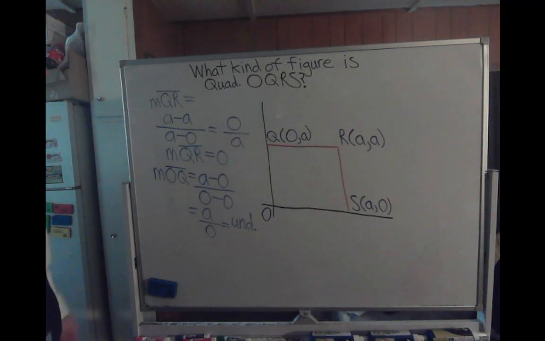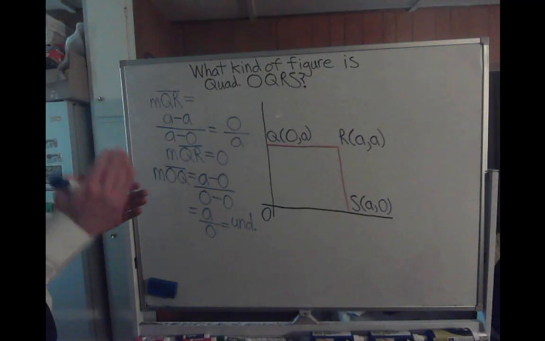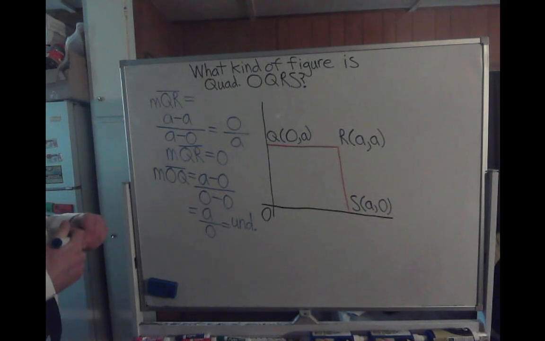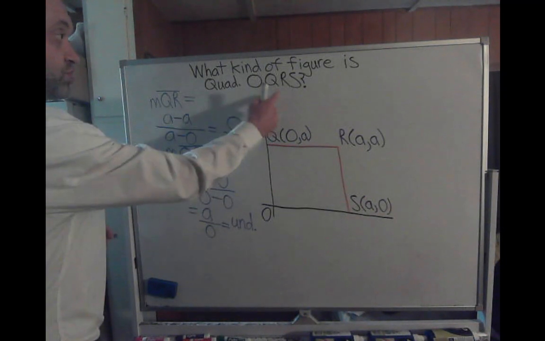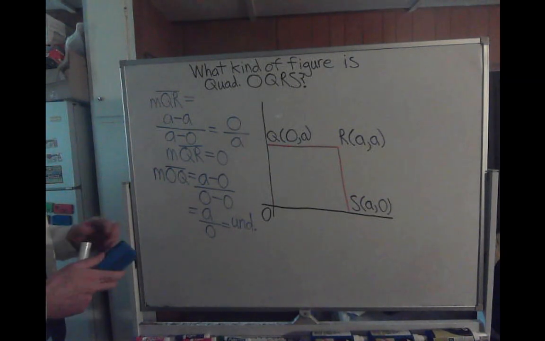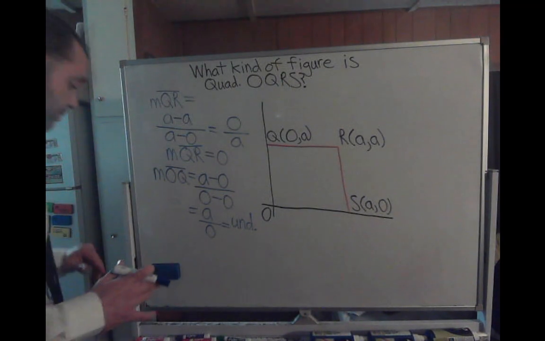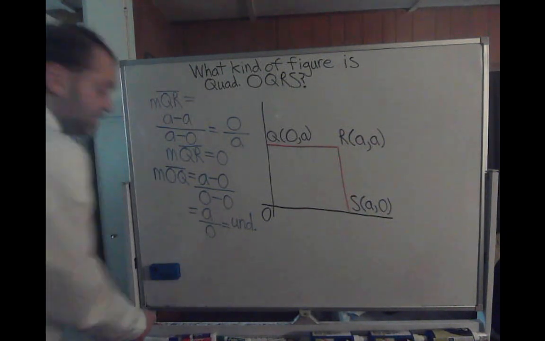We can also geometrically see that when a straight horizontal line and a straight vertical line meet, they are perpendicular. So we can actually now confirm that this quadrilateral OQRS is at minimum a rectangle. This is minimally a rectangle. Now, here's the other side of this.